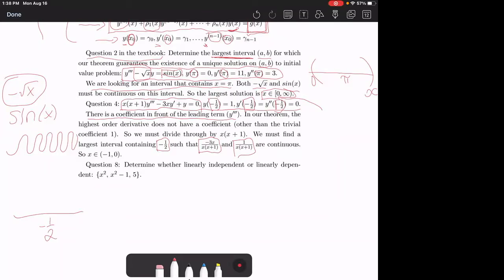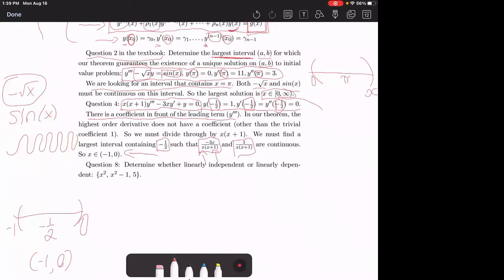Now, this 1 over x business will cause a problem at 0. That's when that function will stop being continuous. And 1 over x plus 1, well, that stops being continuous at -1. So the largest interval that we could draw that contains the -1/2 goes all the way from -1 to 0. And that's what we have as a solution.